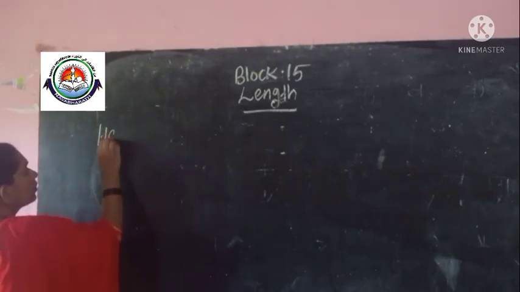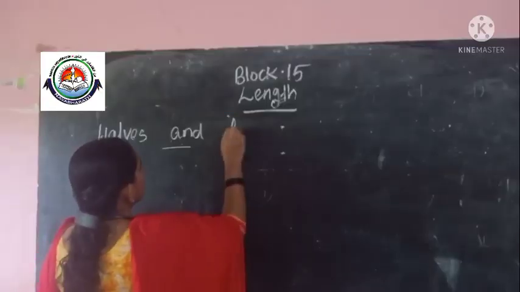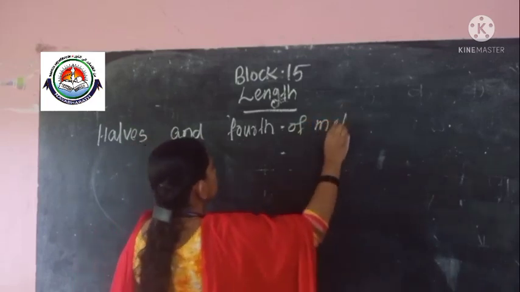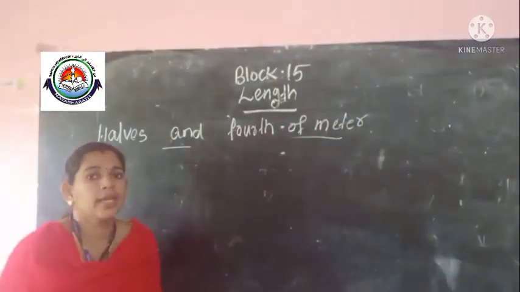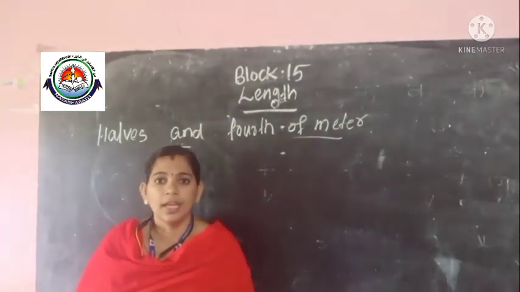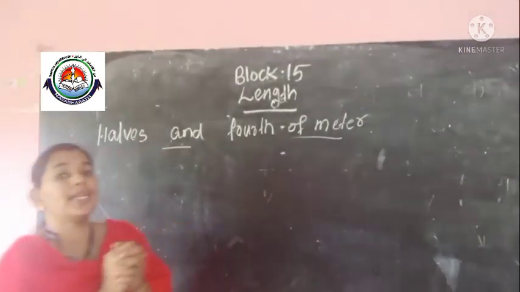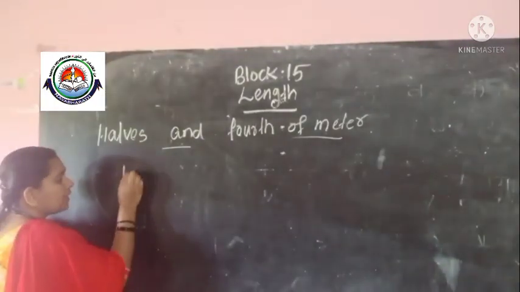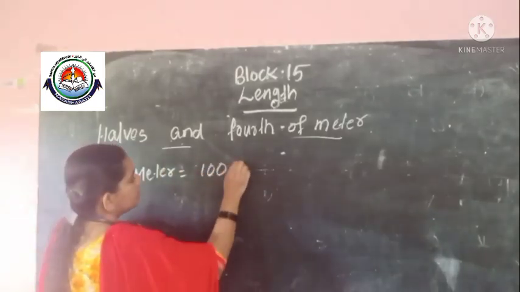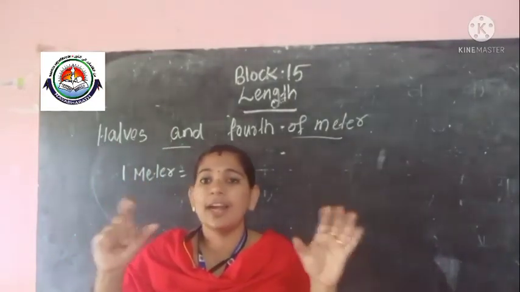Half and fourth of a meter. Did you see the meter scale? What is the length of the meter scale? Yeah, it's 100 centimeter. One meter scale length is 100 centimeter.